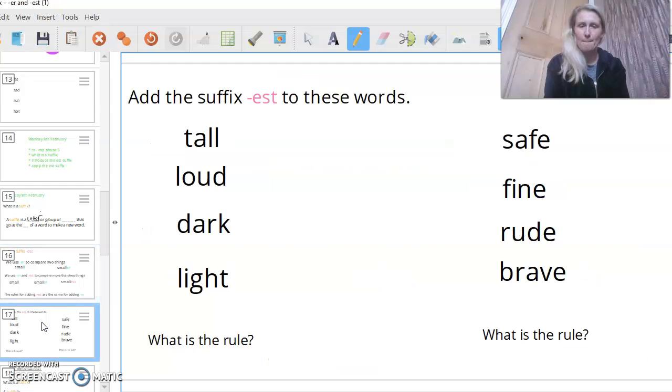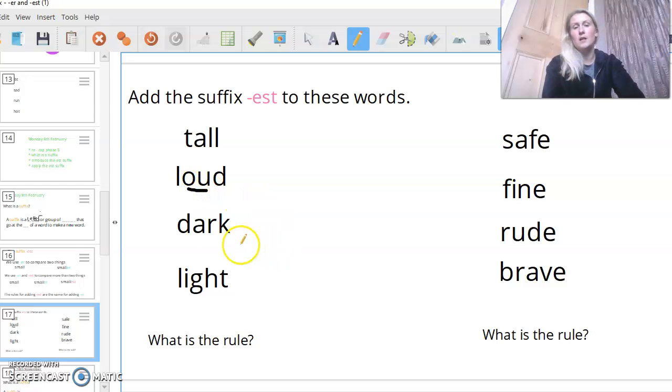So let's have a look here. Add the suffix est to these words. Okay. So the word tall, here. Let's read the words first, the root words first. Tall, loud. Oh, I can see the ow digraph there. I'll underline that actually.